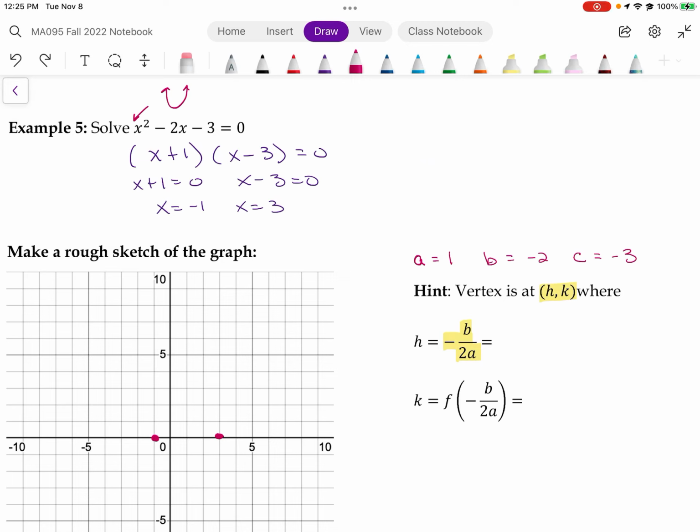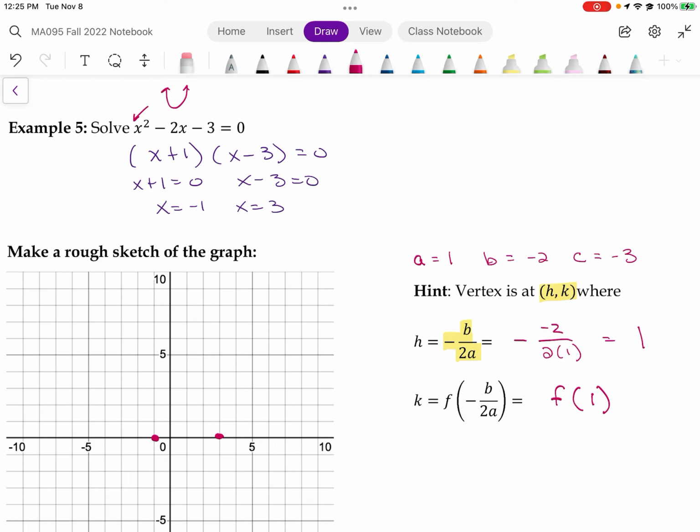All right, so we've got negative b, b is negative 2, and then over 2 times 1. So negative negative 2 over 2 is going to just give us 1. Well, that's easy. All right, so now to find k, we have to plug 1, what we just found, into the equation.